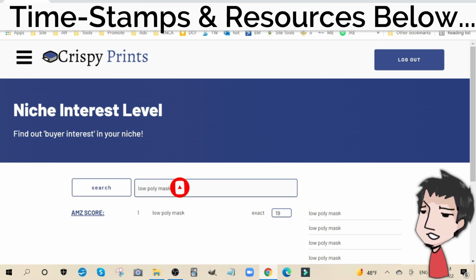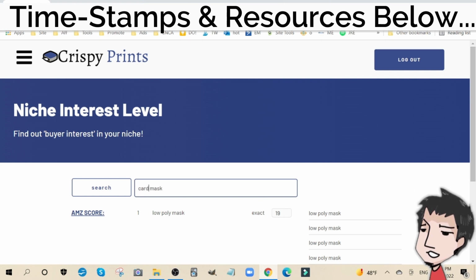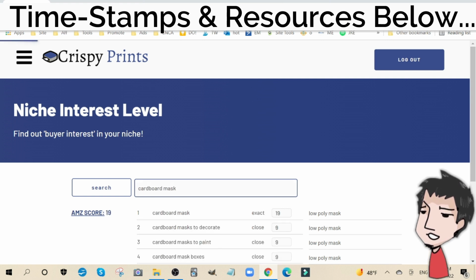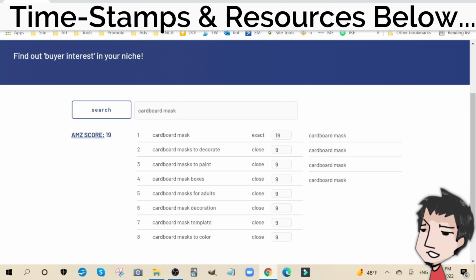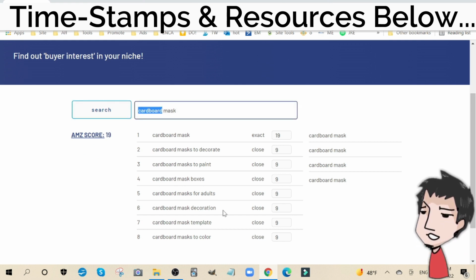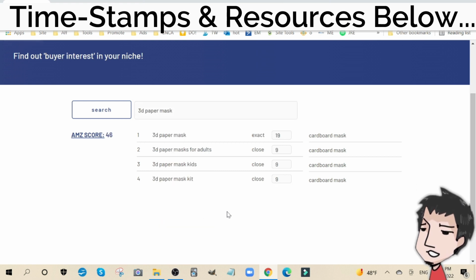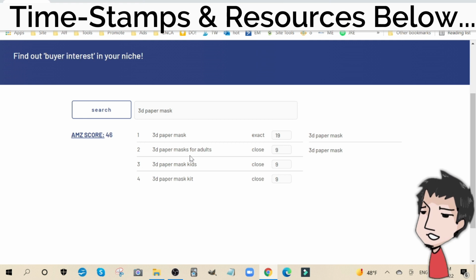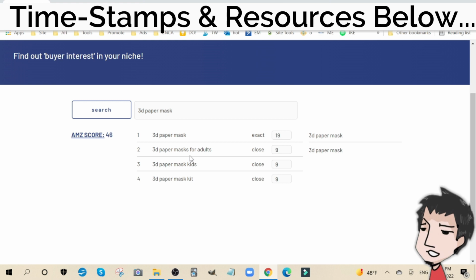So I can put in, for example, cardboard mask, and voila, now we have a lot more keyword diversity. If I put in 3D paper mask, again we have more keyword diversity. Do you understand?